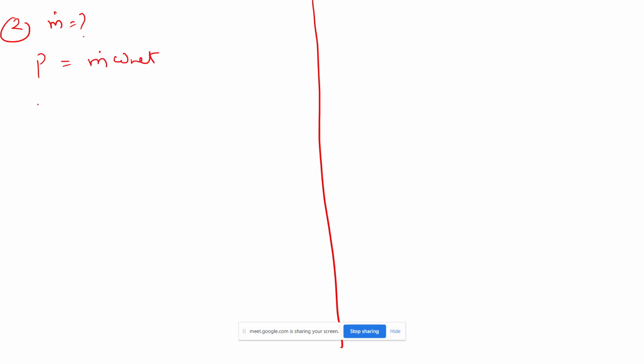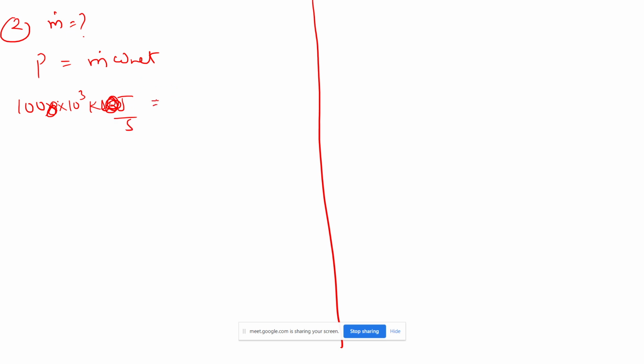Okay. So it is 100 megawatt. So mega we will convert into kilowatt, so megawatt will be 10 to the power 3 kilowatt, and watt we already know that it is joule per second.